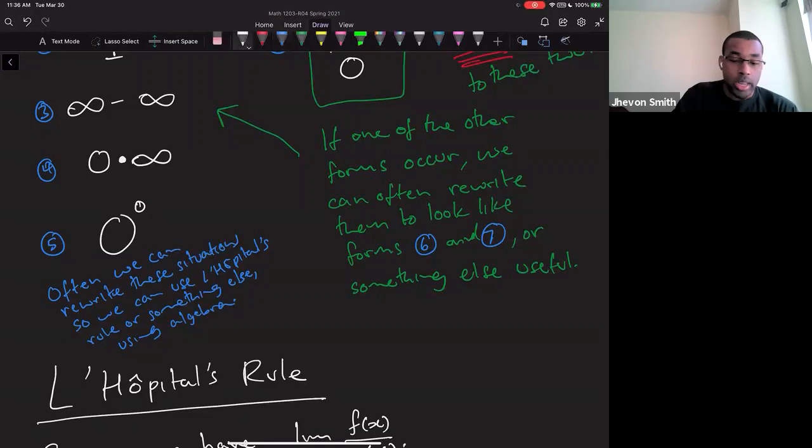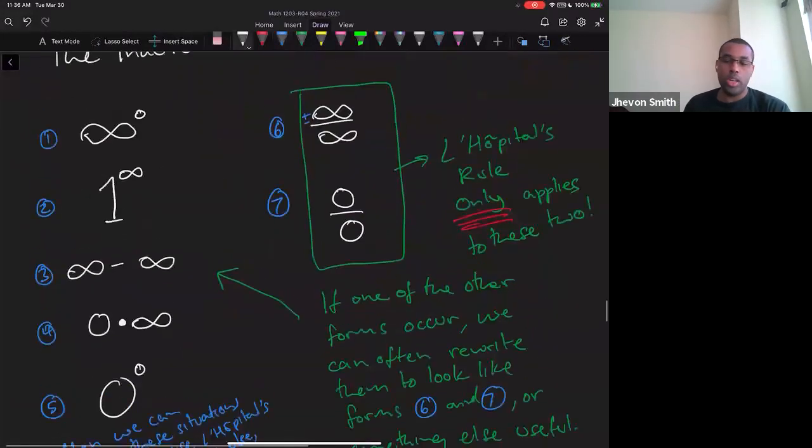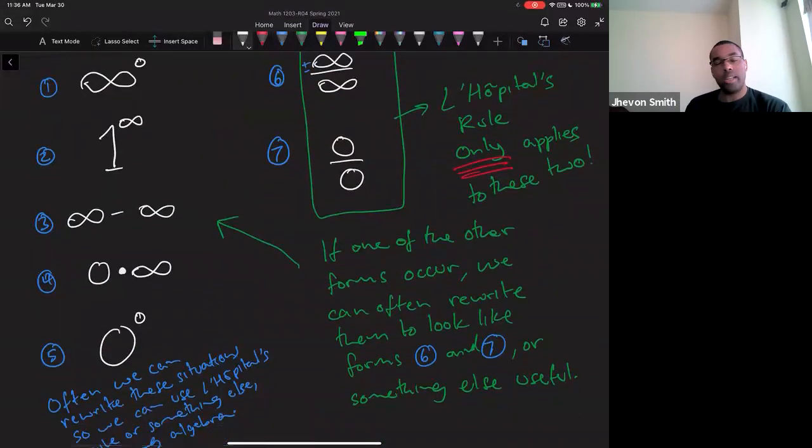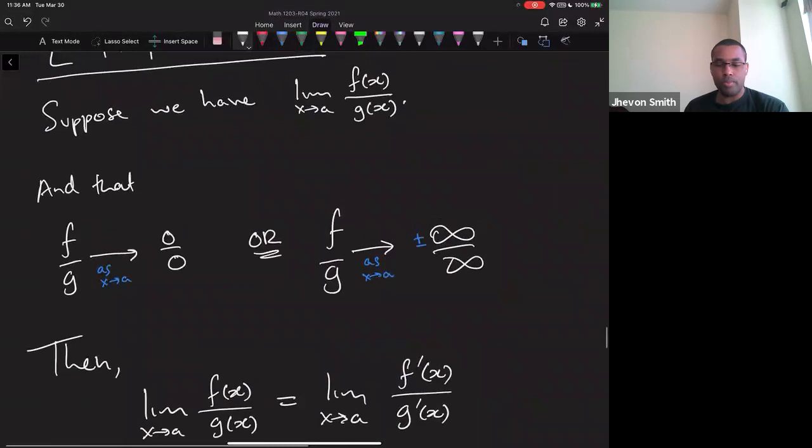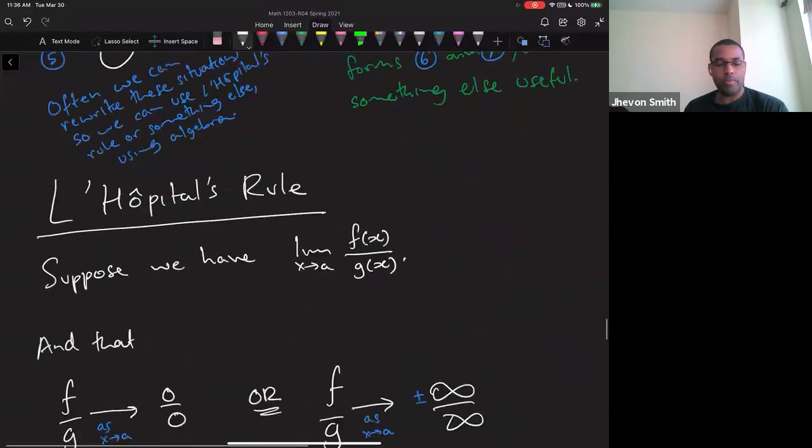So sometimes it's possible to rewrite these scenarios into a useful scenario where you can actually apply L'Hopital's rule or some other concept. But for the most part, these guys are indeterminate. You can't determine them at face value. And L'Hopital's rule helps with the first two, the last two that I listed here.